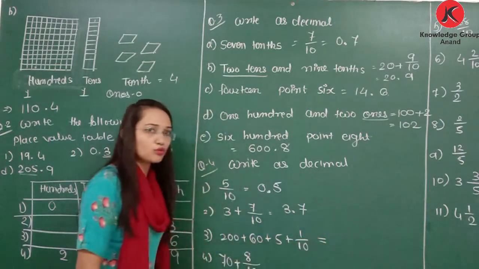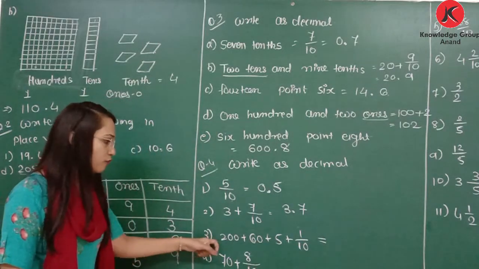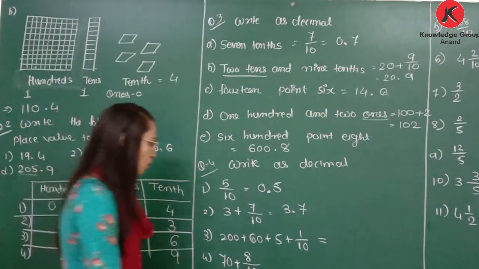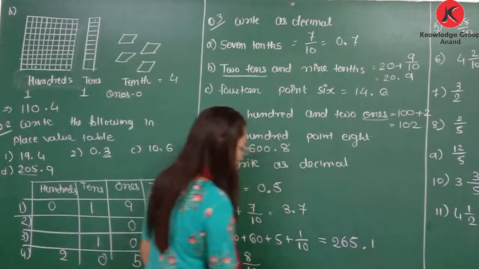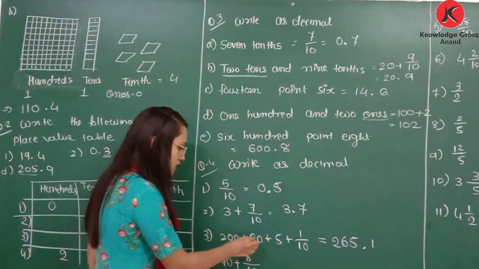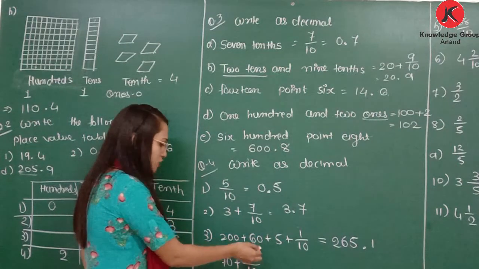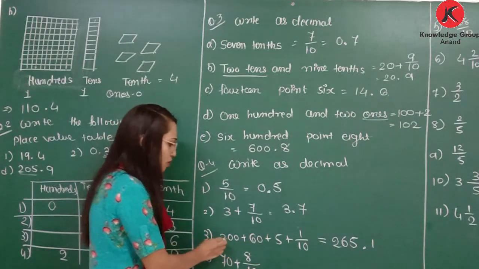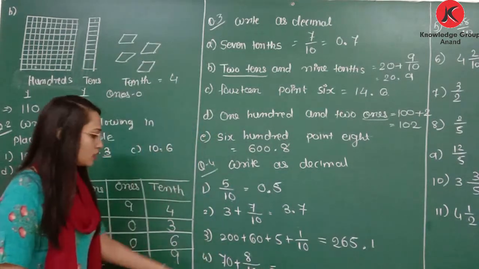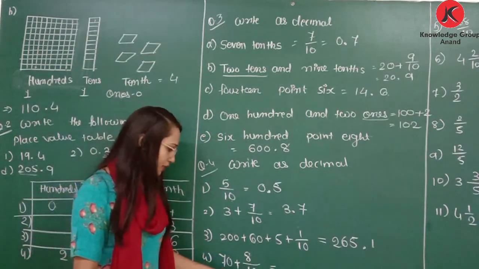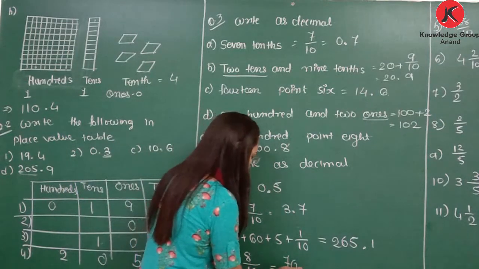So we will learn how to write a decimal in an expanded form. This is the expanded form of 265.1, because 5 at the ones place, 6 at the tens place, and 2 at the hundreds place. So 265.1. Now for the next one, 70 plus 8 by 10. So it is 70.8.